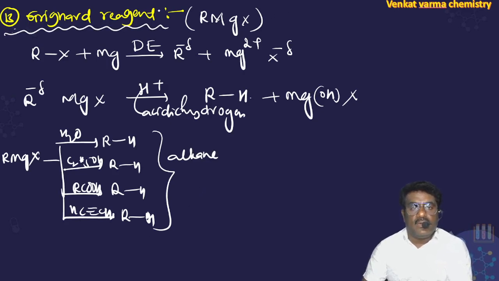How do we prepare the Grignard reagent? Alkyl halide with magnesium in dry ether gives alkyl magnesium halide.